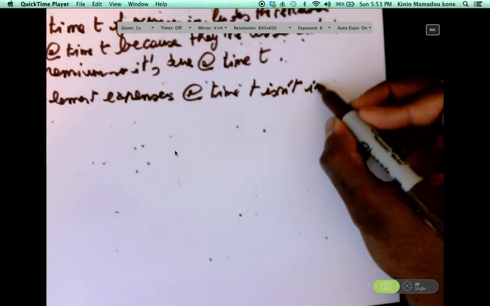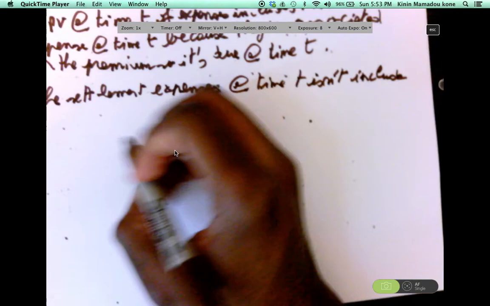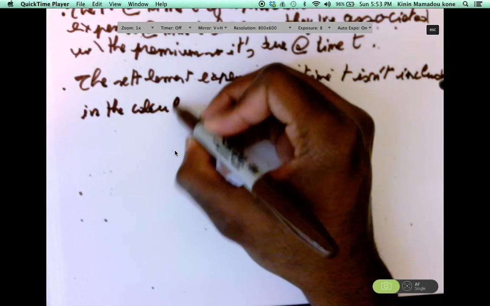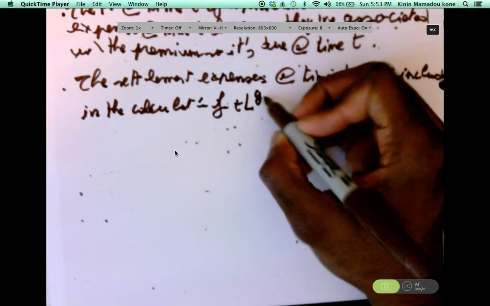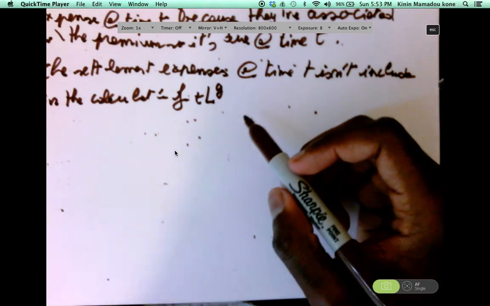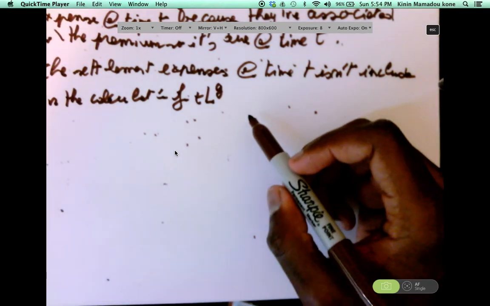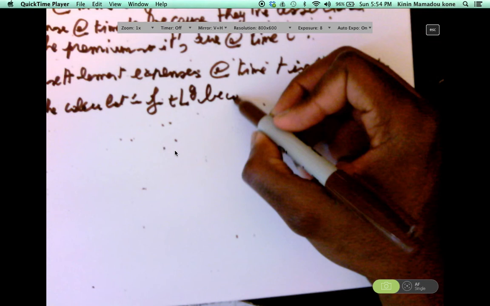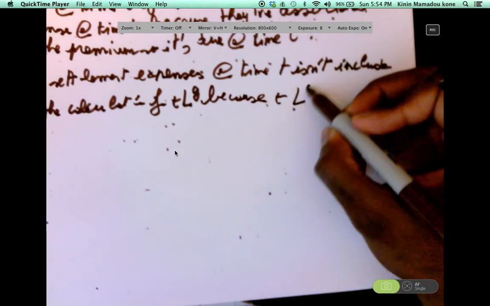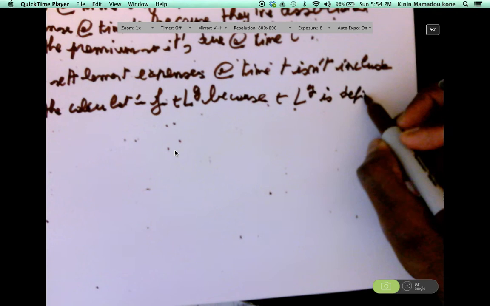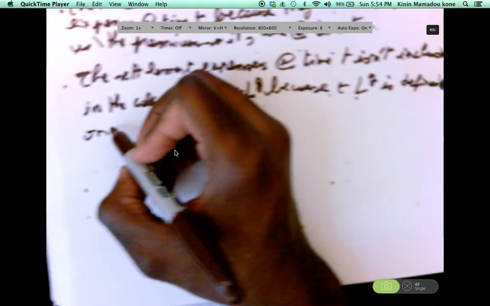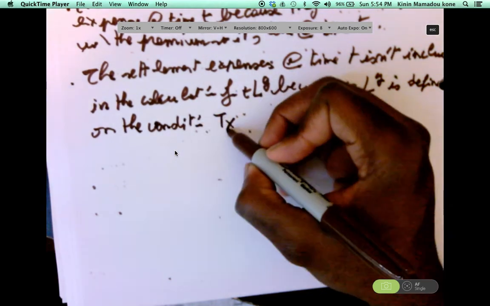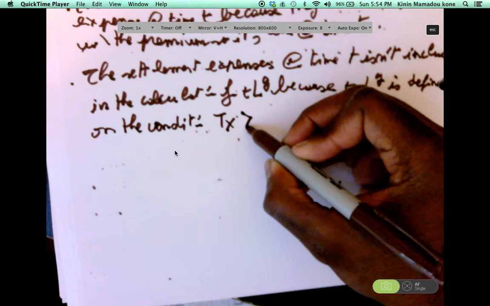You don't use that to compute the TLG, or gross future loss, GFL, because TLG is defined on the condition that the time to death Tx should be greater than the time t.